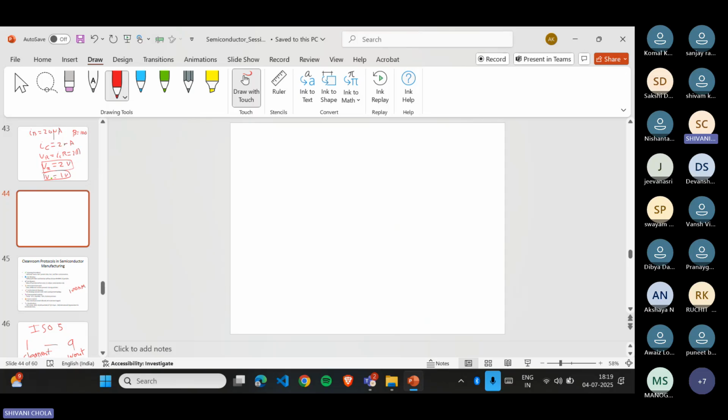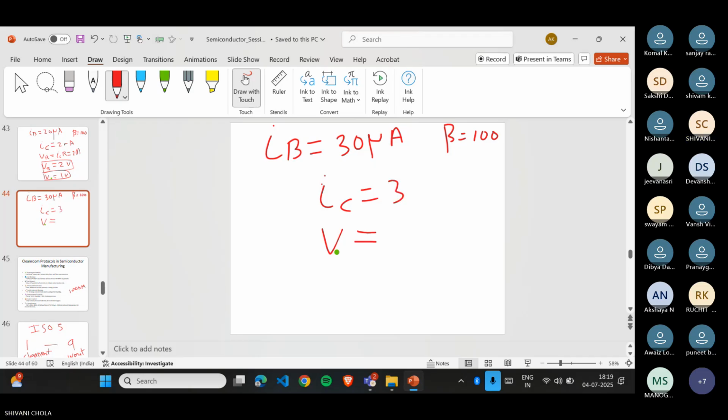Okay, now third and very important case. Let's take a value of IB equal to 30 microamperes and again beta equal to 100. Now calculate the value of IC and the potential at the green point. This is a very important case, right? Can someone quickly calculate? It will be 3 milliampere and 3 volts, or will it be zero?